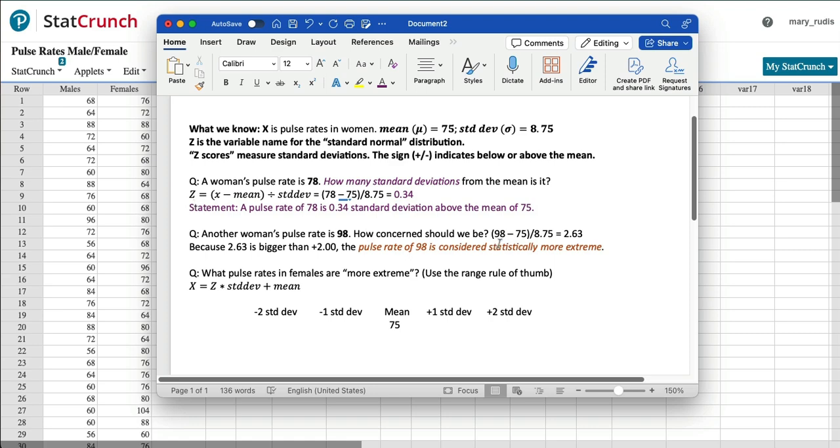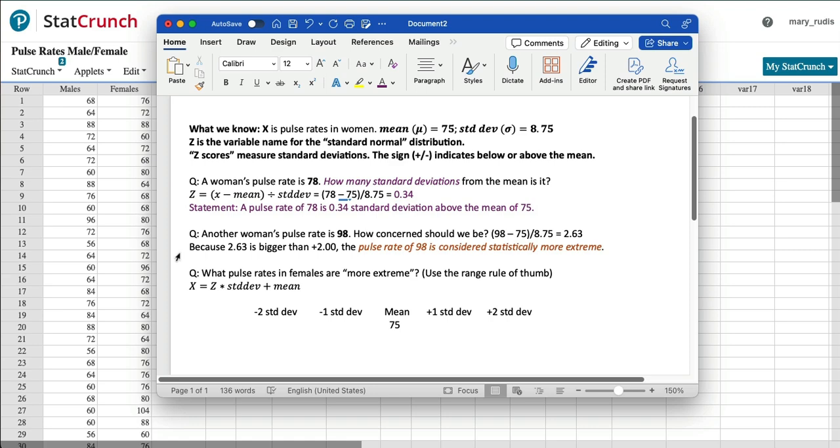When you subtract 98 minus 75, you get 23 on a calculator. 23 divided by 8.75 equals 2.63. So there's this thing called the range rule of thumb.